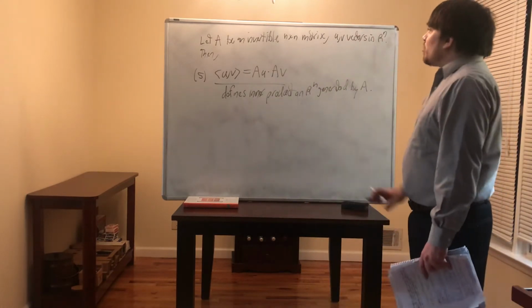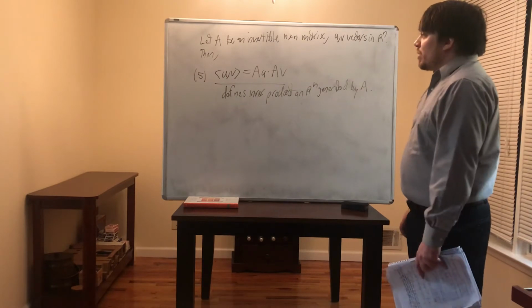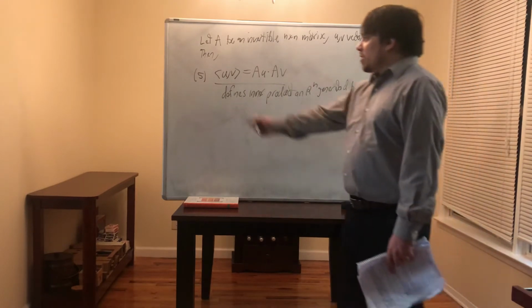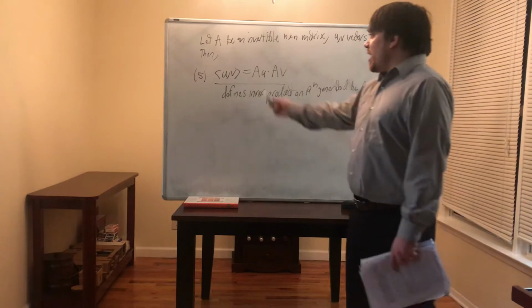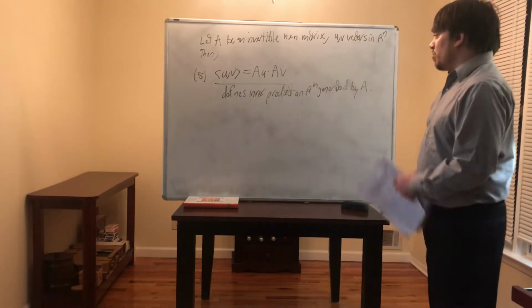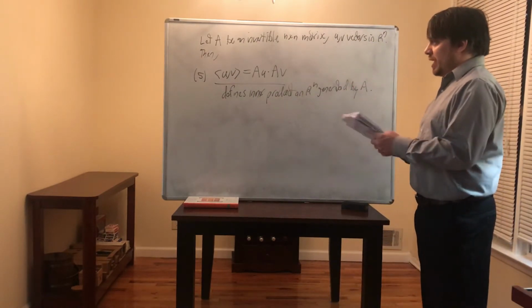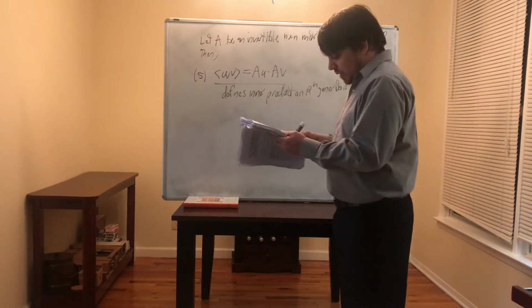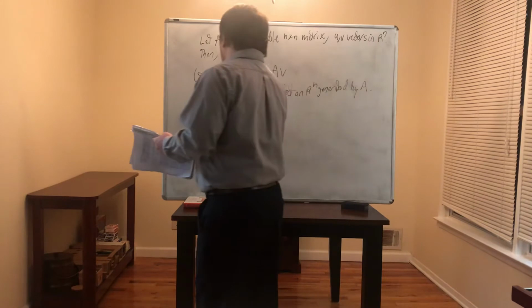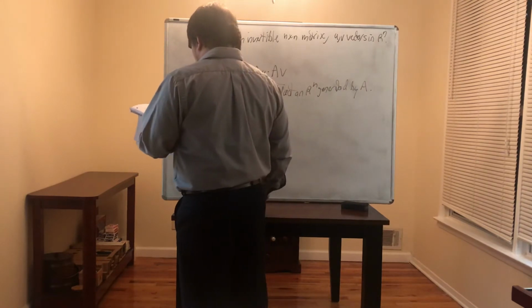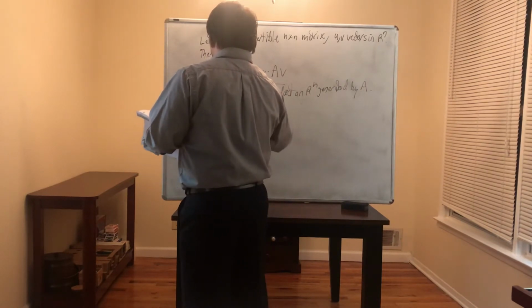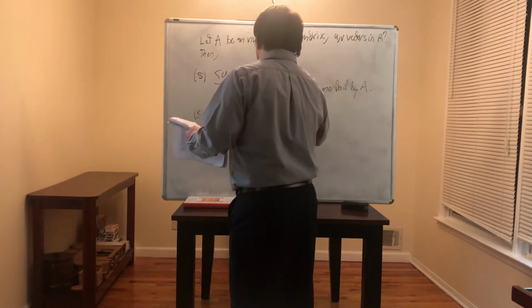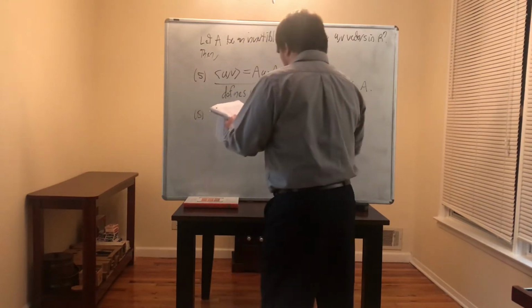So let A be an invertible n by n matrix, and U and V be vectors in n space. Then the inner product of U and V, defined as AU dotted with AV, defines the inner product on Rn generated by A. You can also write this as the inner product between U and V is equal to AV transpose AU.